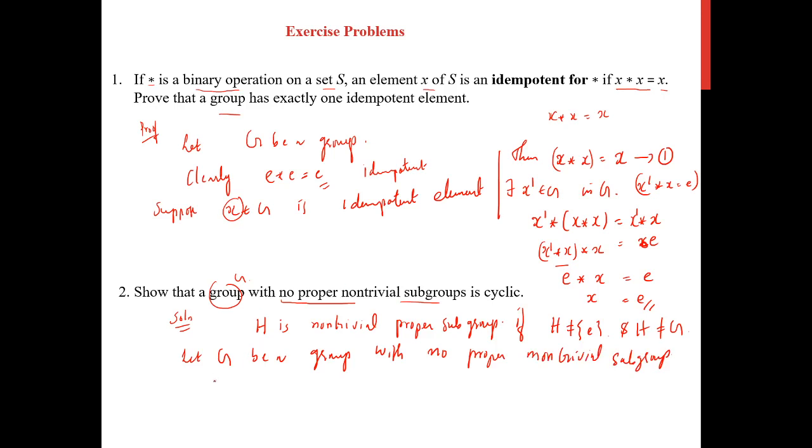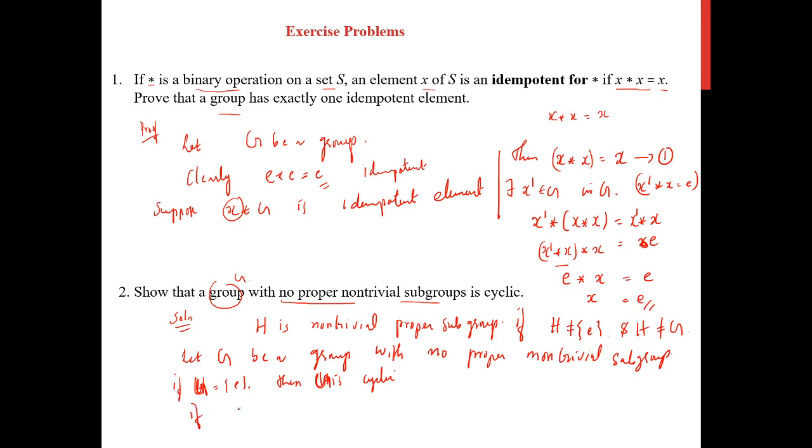If H equals E, then H is cyclic, and that means H is G itself. Suppose G equals H equals E, then G is cyclic.